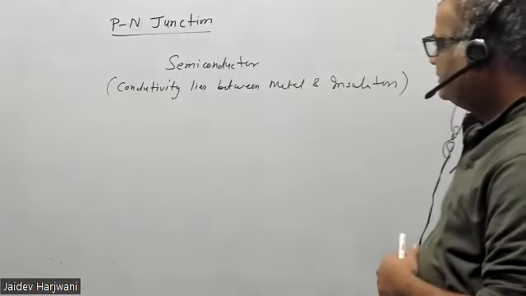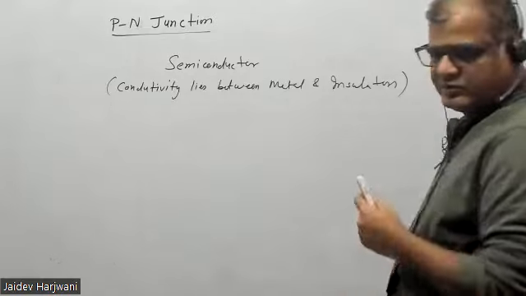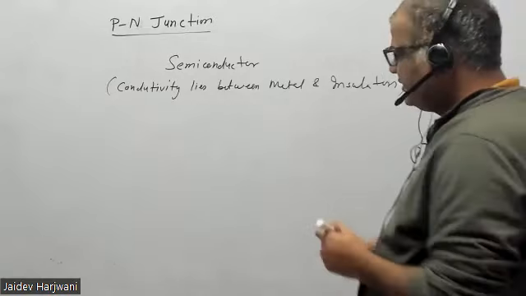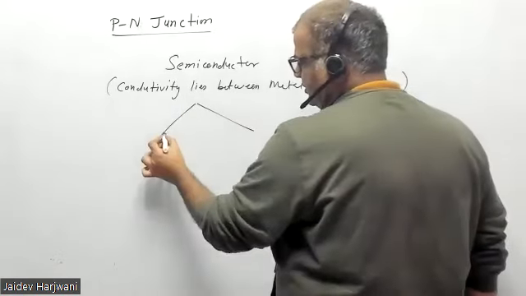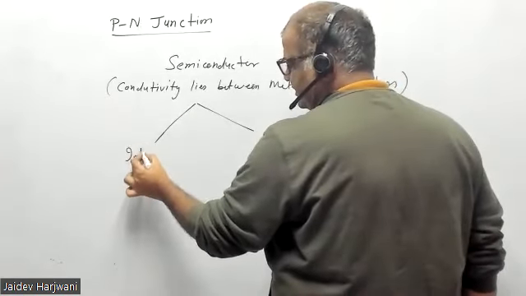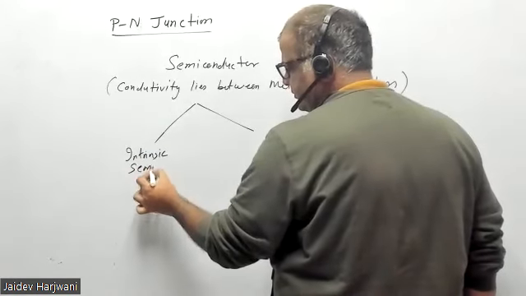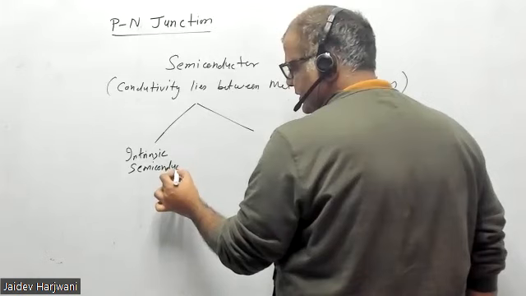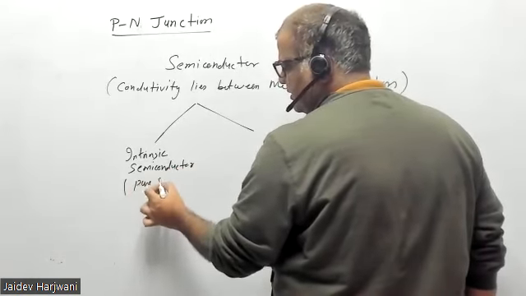So the conductivity of semiconductors lies between metal and insulator. Basically there are two types of semiconductors. One is called intrinsic semiconductor, also known as pure semiconductors.